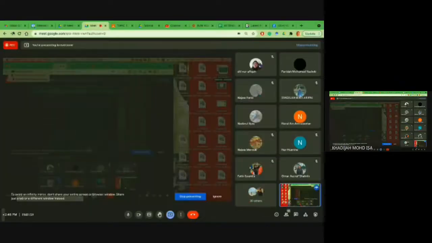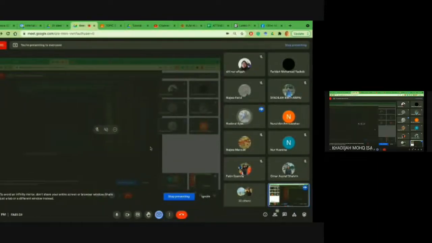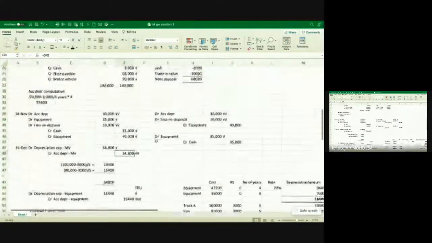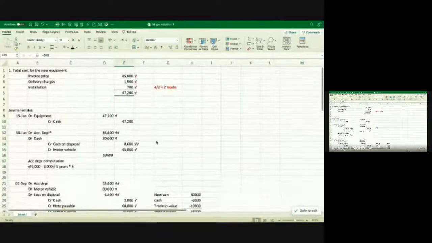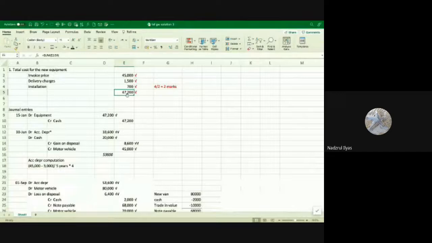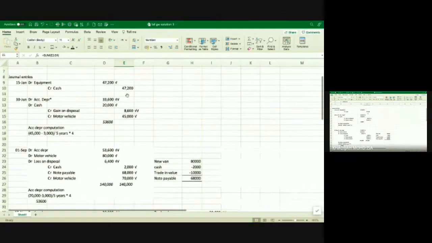So you tell me which part is confusing. Okay, the first part, let's look again. When you want to decide on the new equipment, is this a problem? The cost? No, madam. Okay, the double entries?